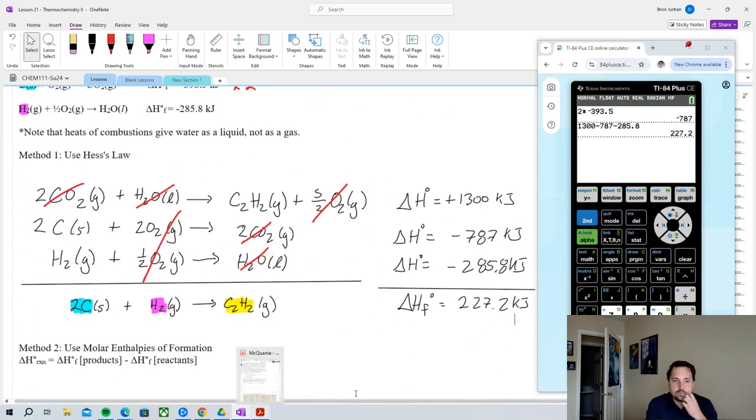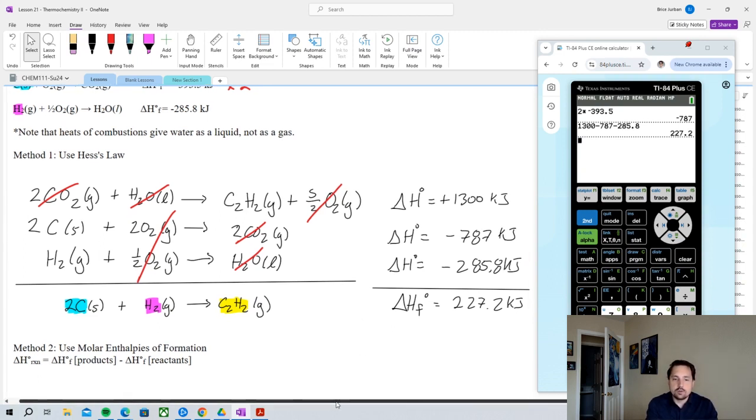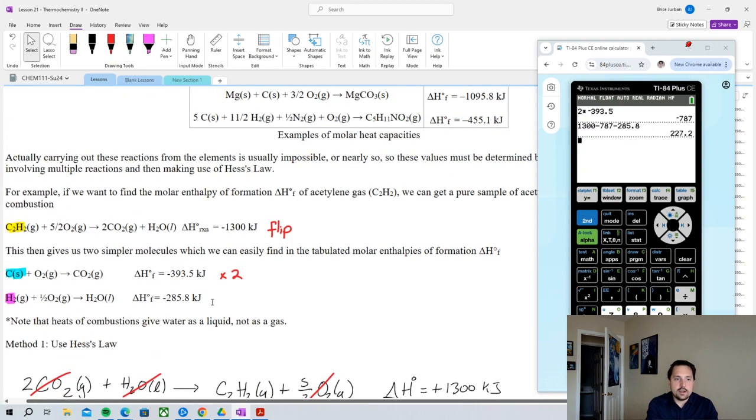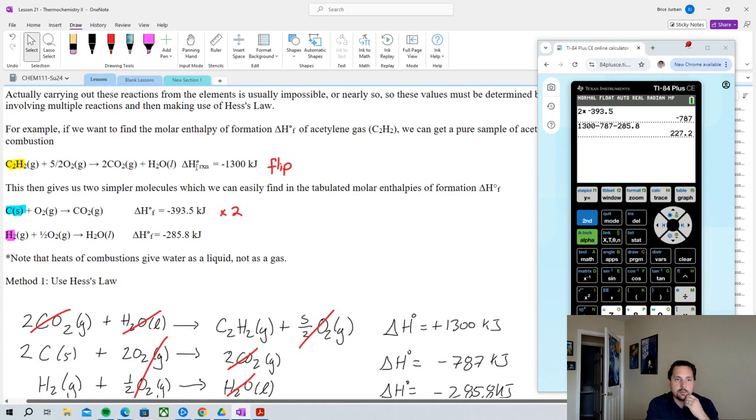Now, this is kind of an interesting thing because if we look at this in a little bit more detail, we'll see that we added together a combustion reaction. So we took this combustion reaction, we had its delta H value, and then using the heats of formation of two of the different compounds, the CO2 and the water, we were able to figure out the heat of formation of a different compound.